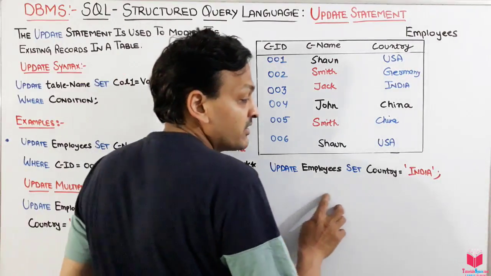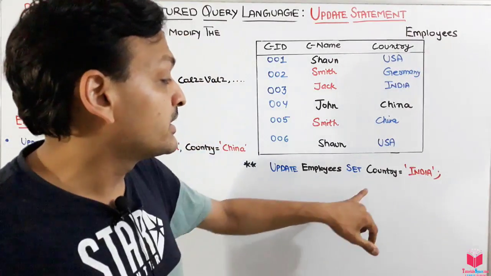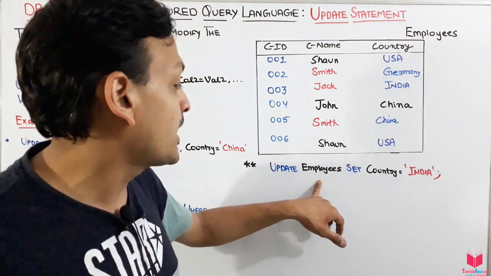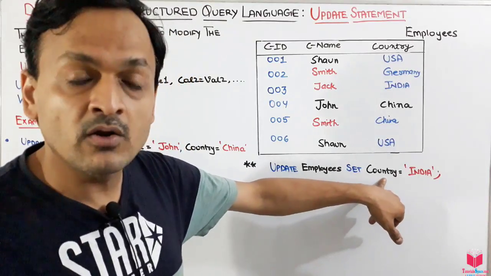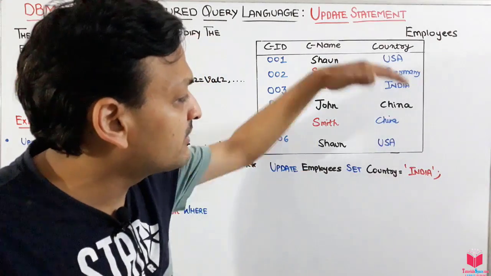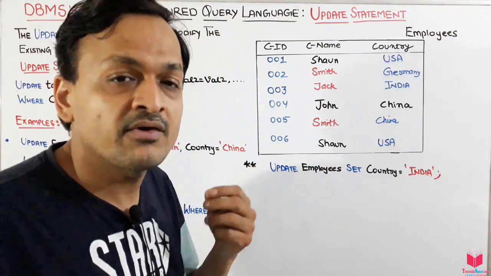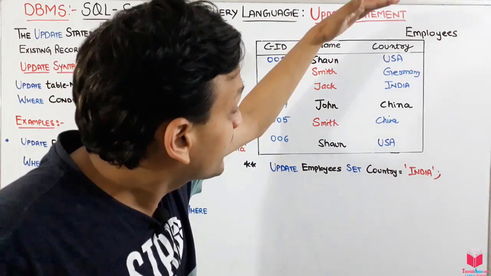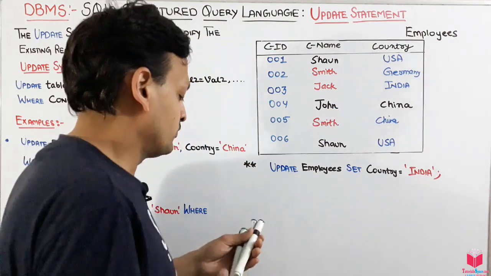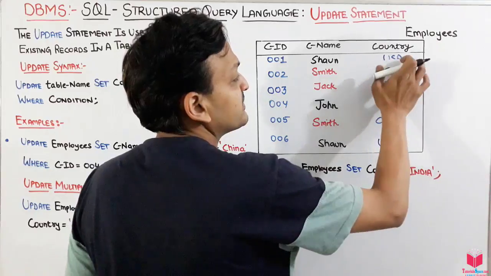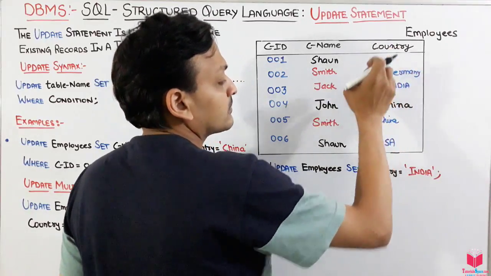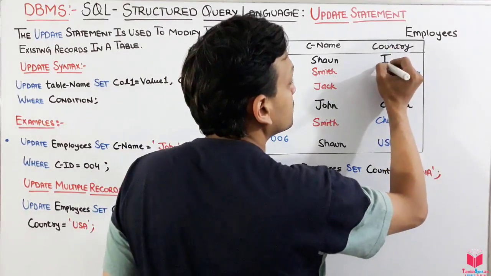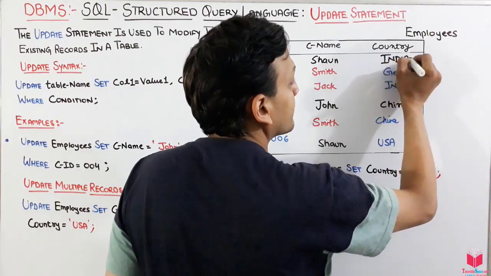What exactly will this query do? It will move to the country column and set all the values to India, whatever value it contained before, but the new updated value will be India in every row. See how. Here is a USA, which is not equal to India, so we change it to India.